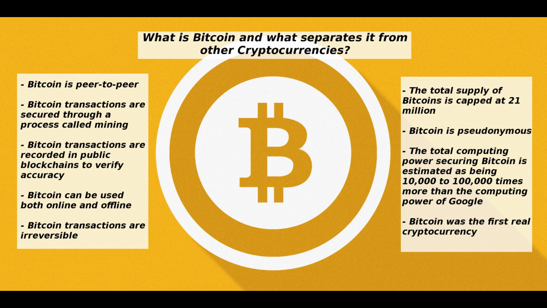And as we're going to discuss later, that's almost impossible to do. So when people say Bitcoin is the most secure payment system, this is why. It's because of the blockchain and the mining process.